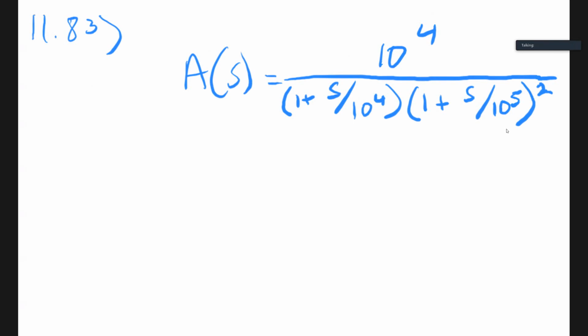So again, this is very similar to the one before, but these problems are important.